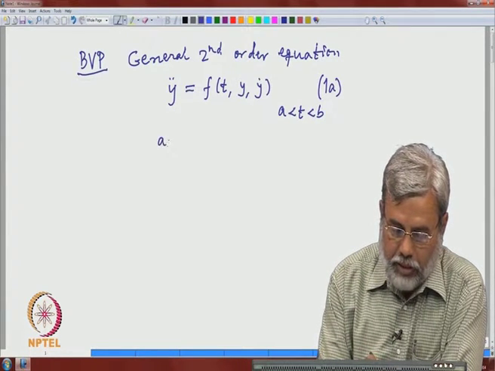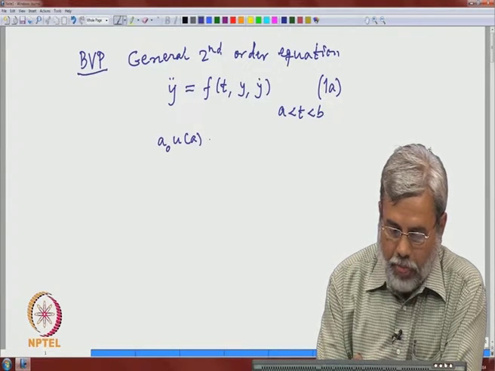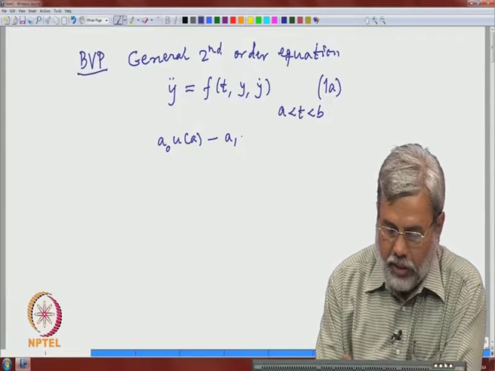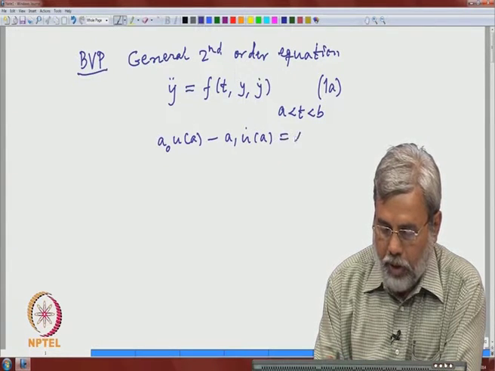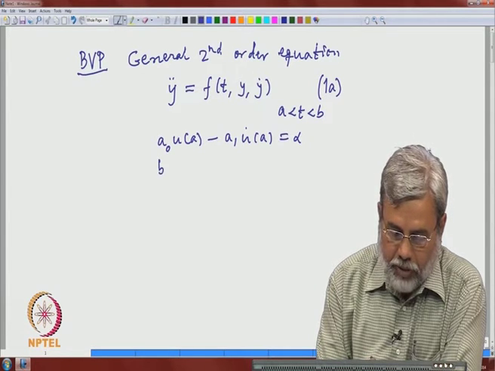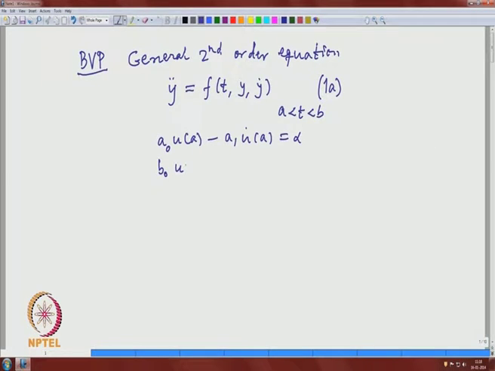a0 y(a) minus a1 y dot(a) is equal to alpha, and b0 y(b) plus b1 y dot(b) equal to beta. Alpha, beta are given real numbers, and so this is 2a.